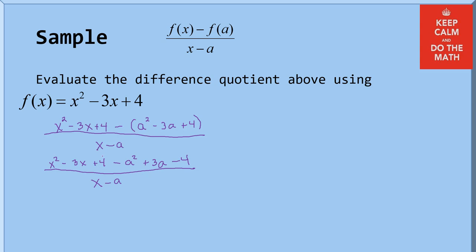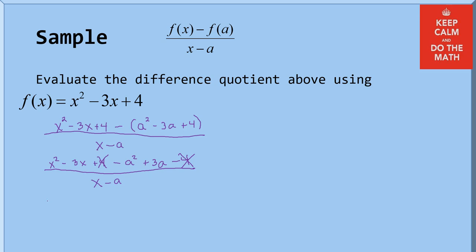Now immediately I see that I have a positive 4 here and a minus 4 here, so they're going to come out to be 0. So they're going to cancel each other out. So now I'm going to look and see what I have left. I have x squared minus 3x minus a squared plus 3a. So you have to do a little thinking here to see how could I move these around in such a way that I might be able to simplify.